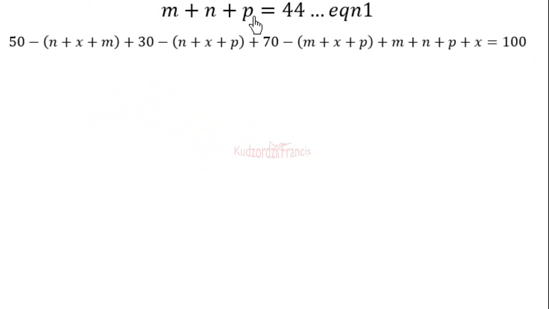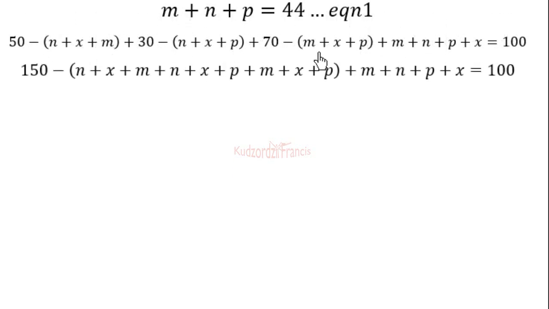We need to simplify. You know, this is negative, negative, negative. So we can factor the -1 out and add all of them to make the addition simpler. So we do that, add all of them. Now we need to combine like terms. N plus n is 2n, m plus m is 2m, then p plus p is 2p, and x plus x plus x is 3x.